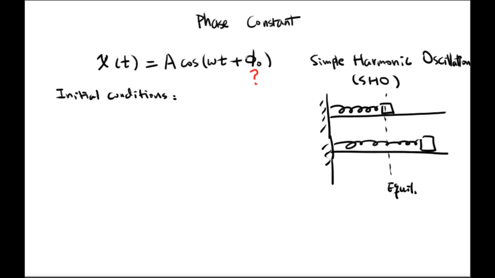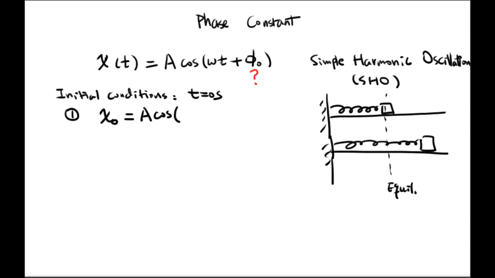But in order to determine phi naught, we actually need two equations. The first one is the displacement. So suppose we start counting time when the object is at position x naught. That's the initial position of the object, and that will be a cosine. Because when we say initial condition, or when we say start timing the oscillation, it means that t equals 0 seconds.